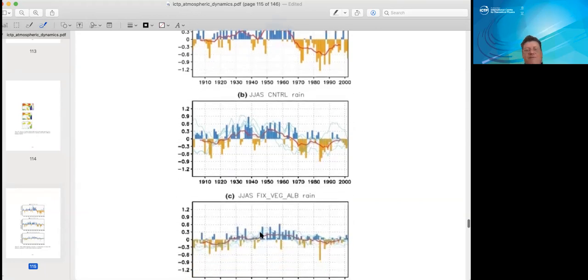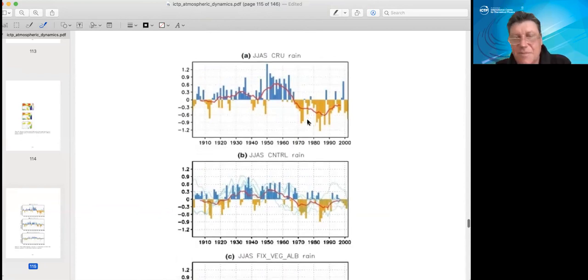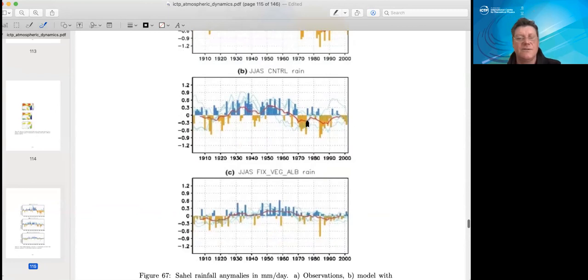Whereas if we fix the vegetation, then the rainfall had more of a year-to-year variation and less persistent droughts. So these multi-year persistent droughts are clearly strongly affected by the interactive vegetation in the Sahel region. If that is not the case, then you may expect just year-to-year fluctuations.